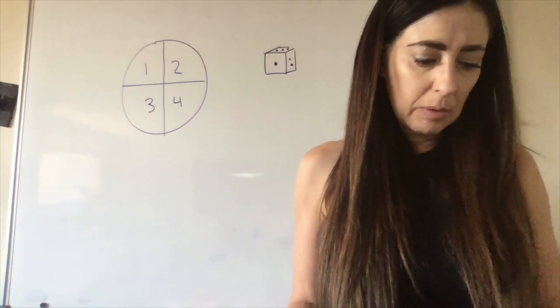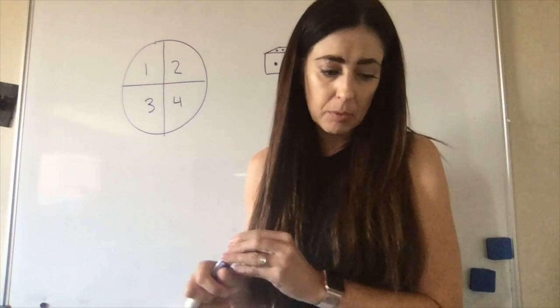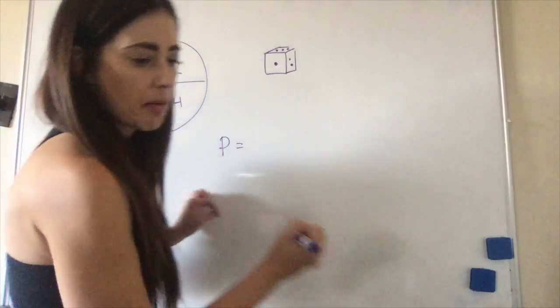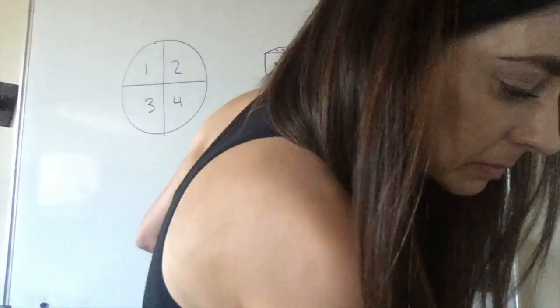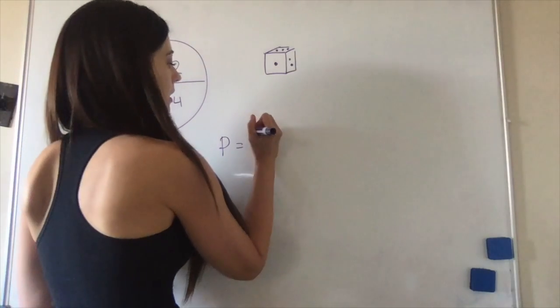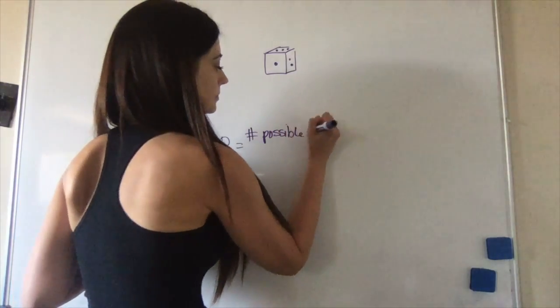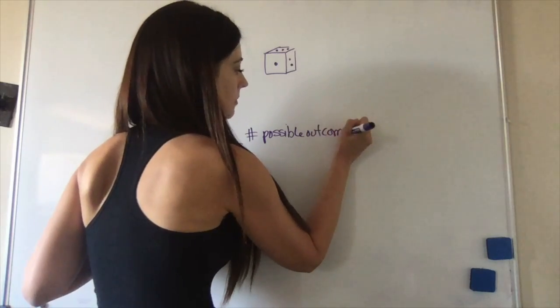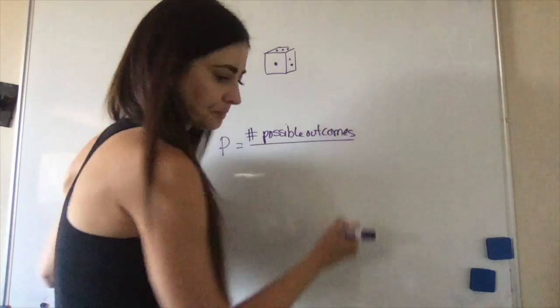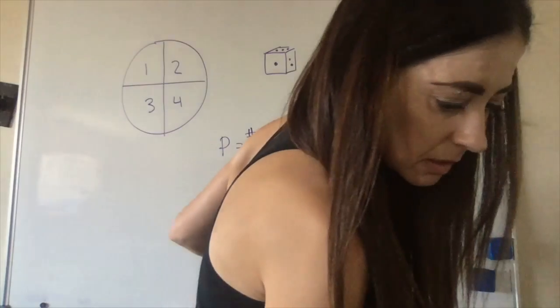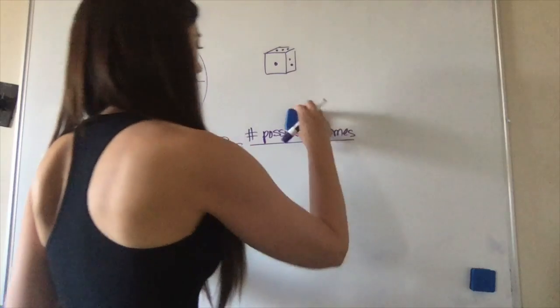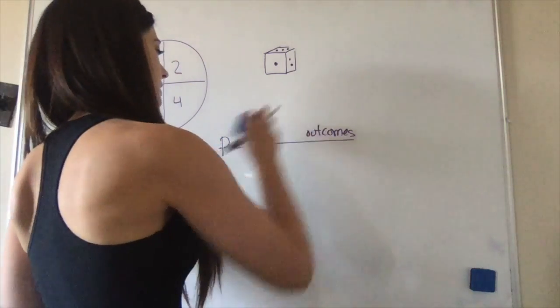To find probability, the probability of outcomes is the number of outcomes over the number of possible outcomes.